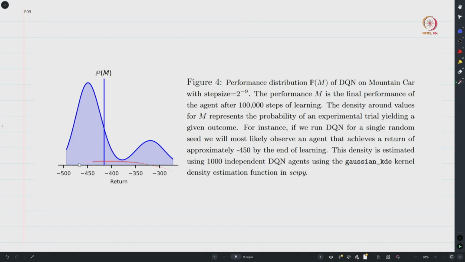So first of all you can see that there is a range of values from minus 500 to minus 300, and one can see that if you run this algorithm, it is very likely that your policy may end up with a value of minus 450 with very large probability.